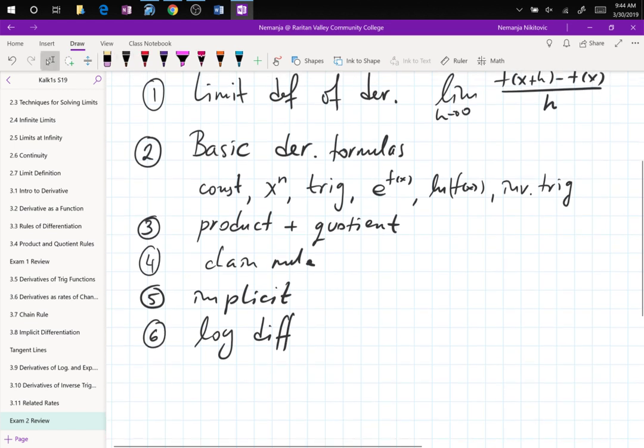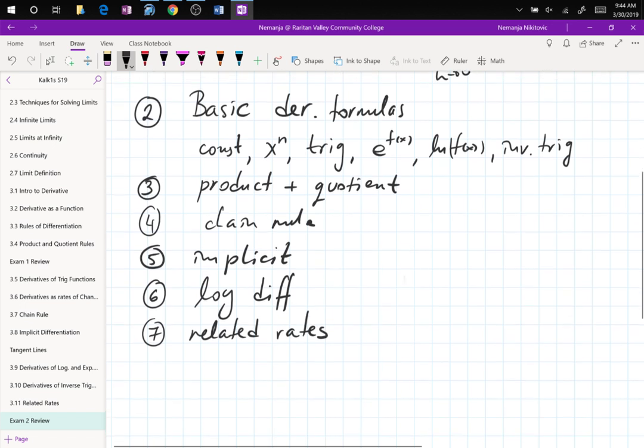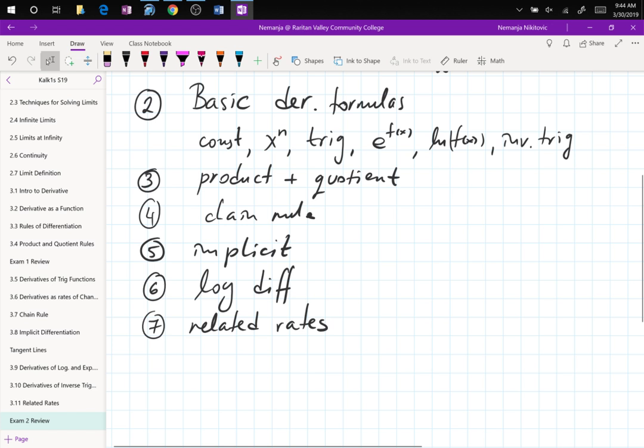And then we have 2 sections that are word problems, and those are related rates. This is where we did all those speed and velocity and acceleration, and then we did business application. And then 8, related rates is 8.